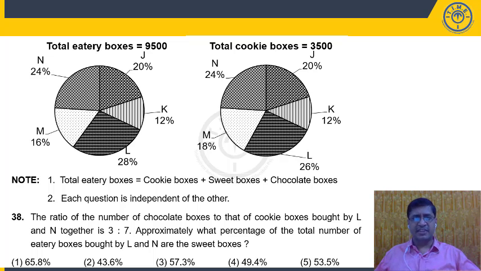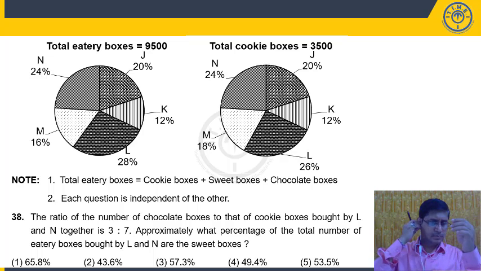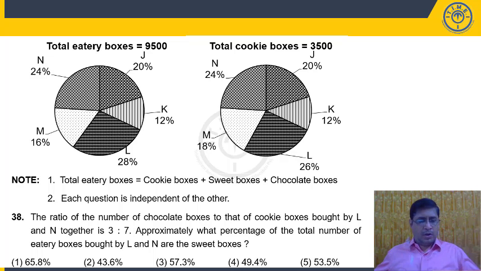Yes, my dear students, please try this example. The ratio of the number of chocolate boxes to that of the cookie boxes bought by L and N together is 3:7.